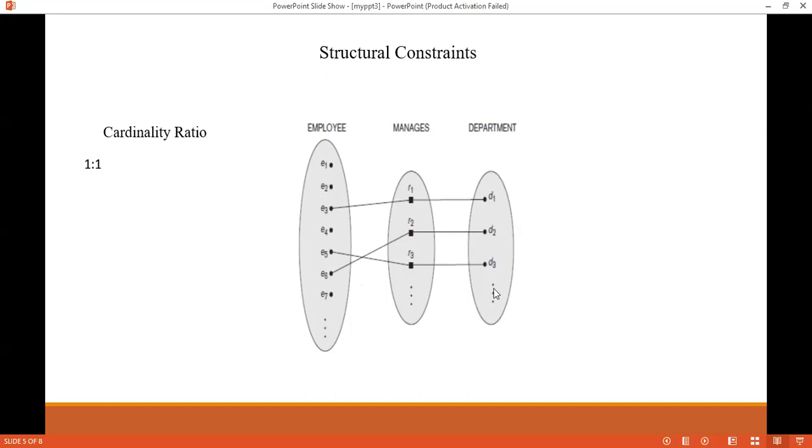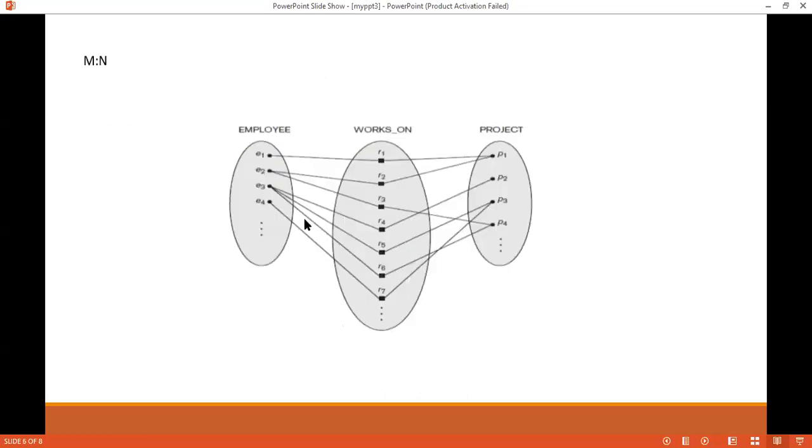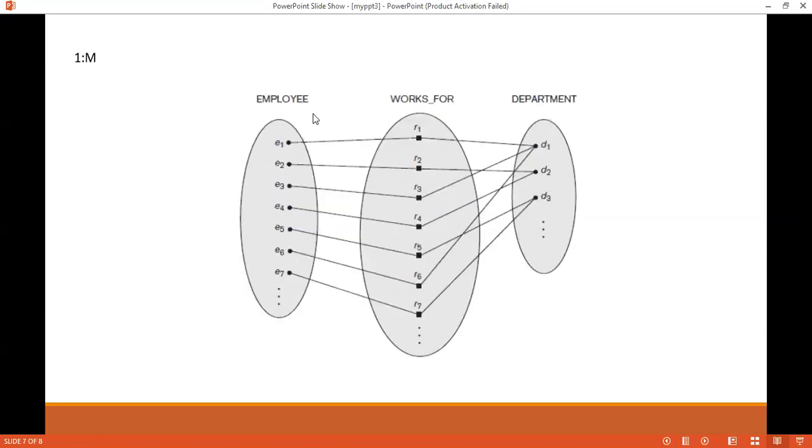Hence it is total participation, whereas this side it is partial participation. If we take up the next diagram here, this is also total participation and this side also it is total participation. If we take up the next diagram, this side also it is total participation and this side also it is total participation.